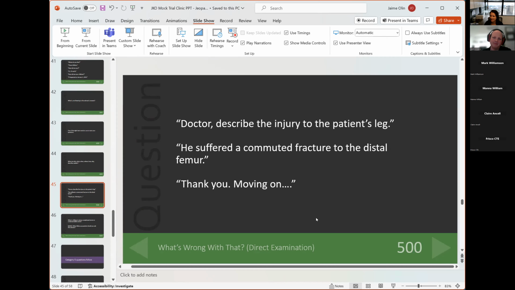Frisco CTE: What is sidebar? Right, so that's a possibility. Does anyone else have any thoughts on this one? What would be wrong with this kind of direct examination? Yep, put your letter in the chat.